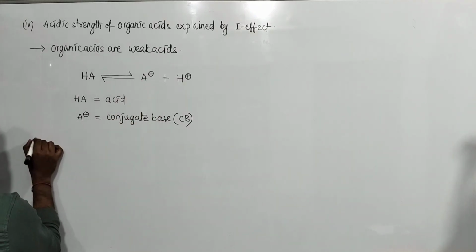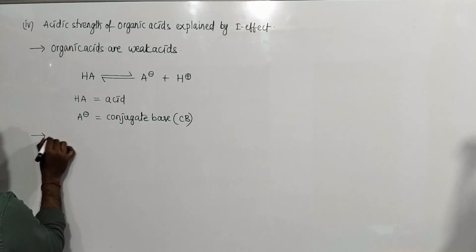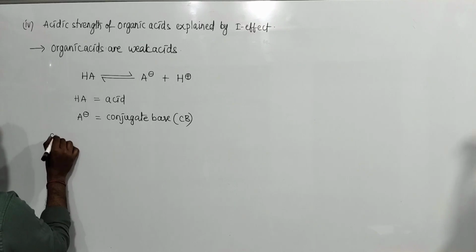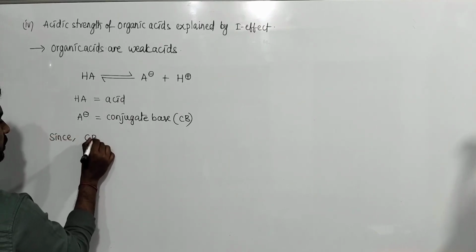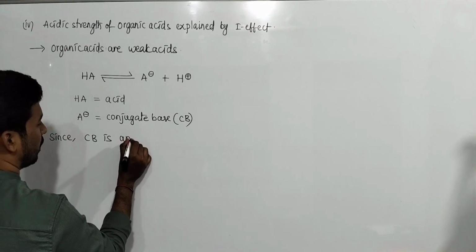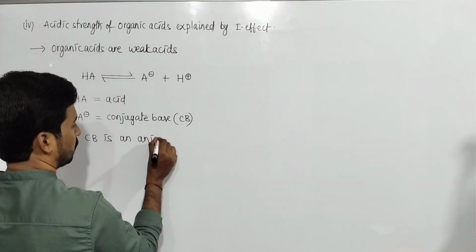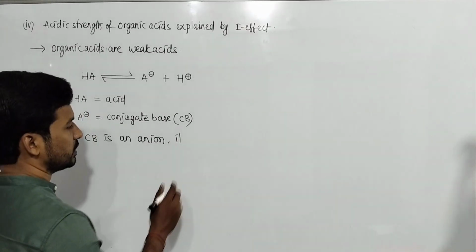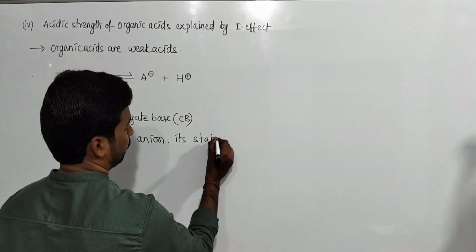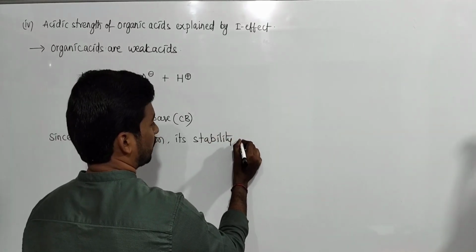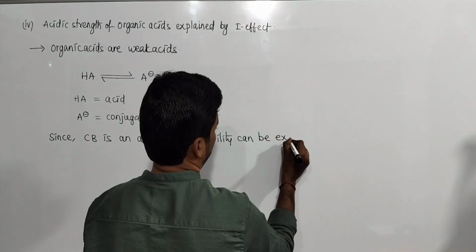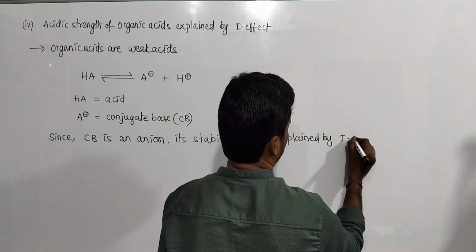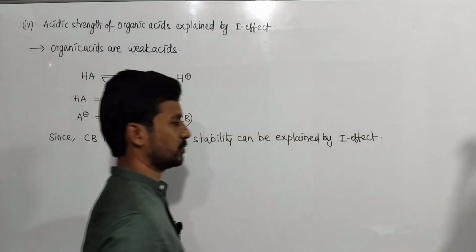Conjugate base, that is an anion. Since the conjugate base is an anion, its stability can be explained by the I effect. Anion stability is explained by the I effect.